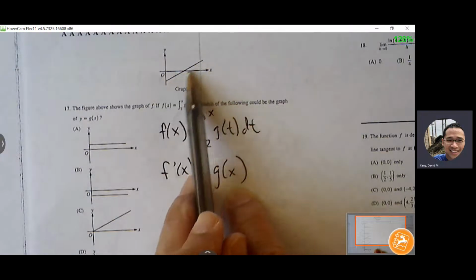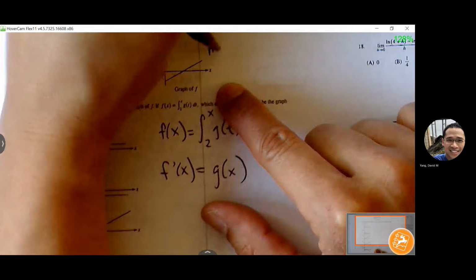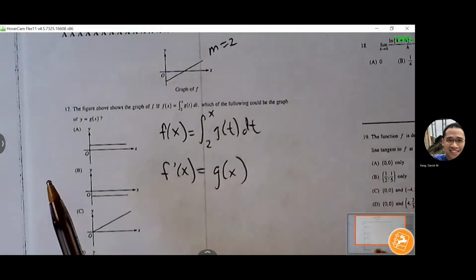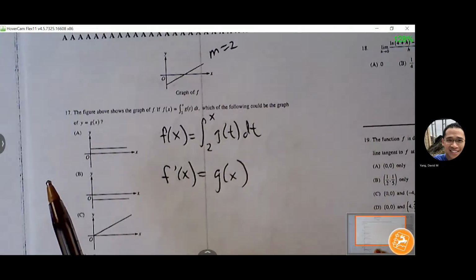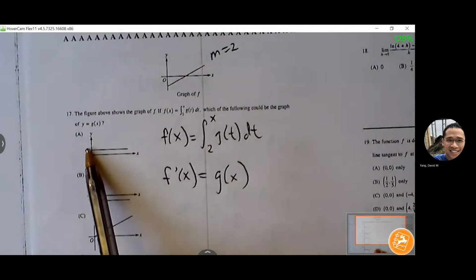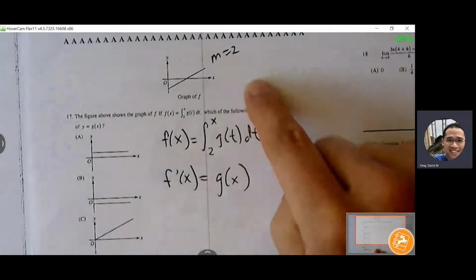Well, if this is the derivative graph, let's imagine this is a slope of 2. Then I want a graph that is just showing a y value of 2, right? I'm sorry, this is the original graph, my bad, original graph.